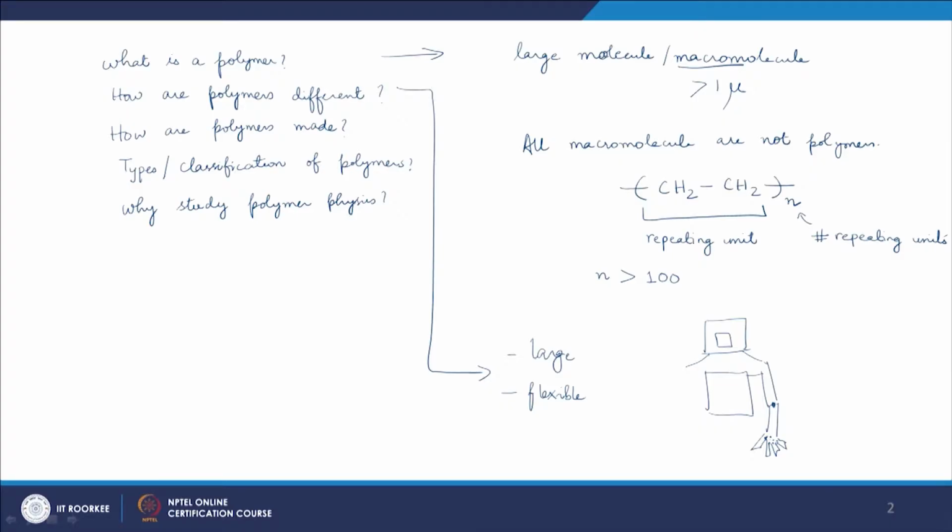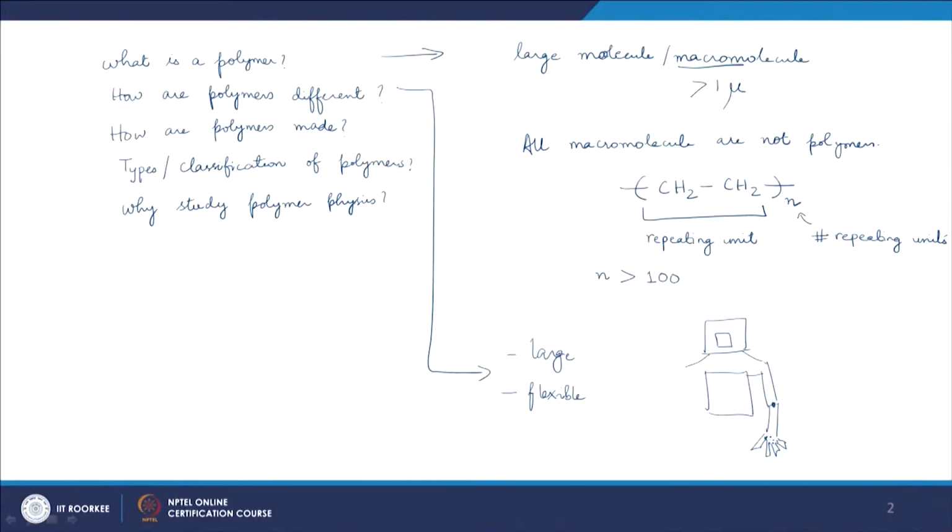For example, we can do these kinds of movements, which are not possible in the case of a robot. So the reason why we are different is because the flexibility we possess is because of the presence of macromolecules, and the flexibility is really molecular in nature. What it means is that it is happening at a much lower length scale than in the robot case, where the length scales or the distances over which the hinge is placed are very large.